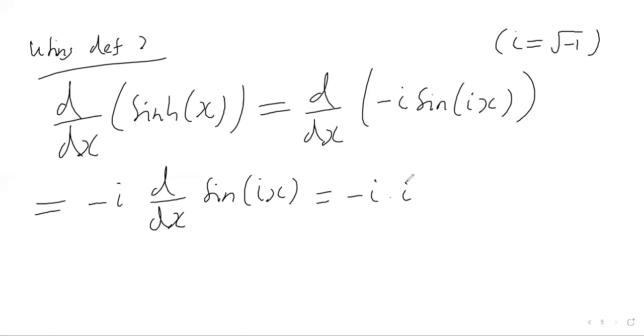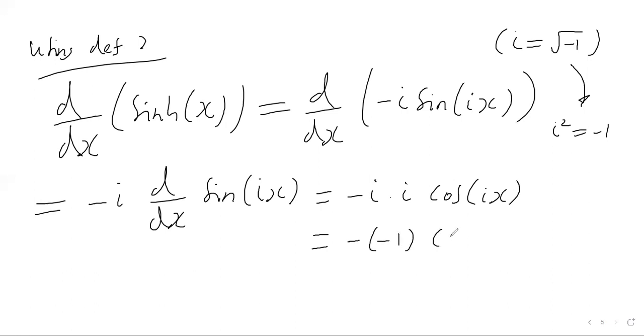When we differentiate sine, we get cos, so that's going to be cos ix. Then we can simplify this a little bit. Negative i times i: we know that i, by definition, is the square root of -1, so i squared equals -1. So we've got negative -1 times cos ix, and negative -1 is just 1.